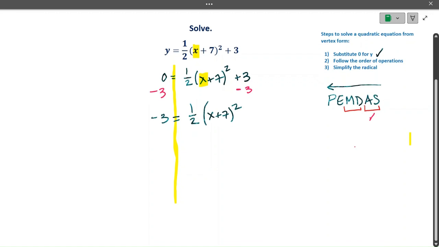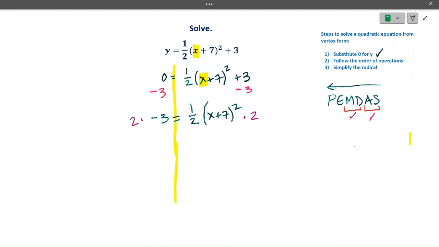Now we're looking for any multiplication and division. I'm noticing that the one half is being multiplied by my binomial. So you can either divide both sides by one half, because we're doing the inverse of the multiplication, or you can multiply both sides by 2. That is always my preferred way of dealing with fractions, to multiply by their reciprocal.